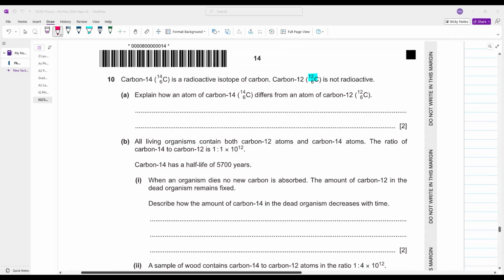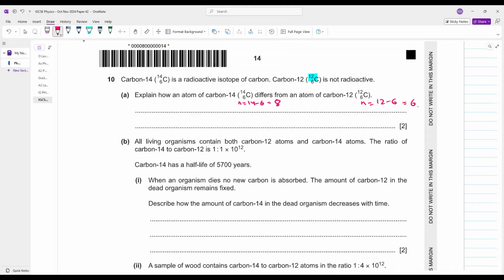Carbon 14 contains more neutrons compared to carbon 12. You can say this. If I find the neutrons, for carbon 14 it will be 14 minus 6, that is 8. For carbon 12 it will be 12 minus 6, that is 6.